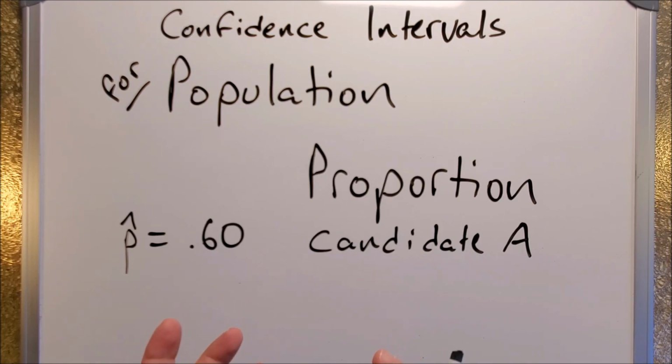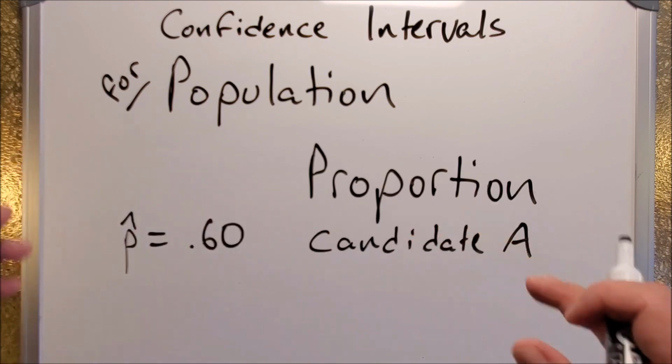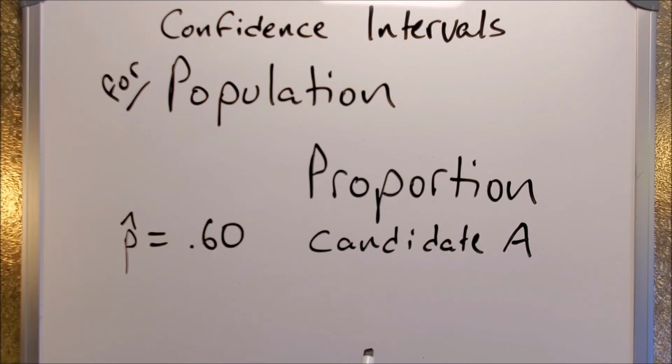Here's the problem. You don't really know how representative of the entire voting population, maybe it's New York, maybe it's Chicago, maybe it's some other place, California, I don't know, your sample is.